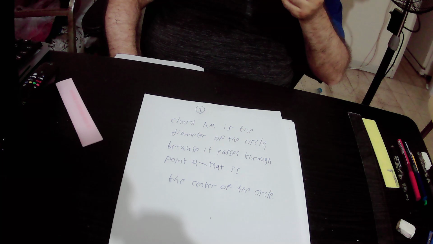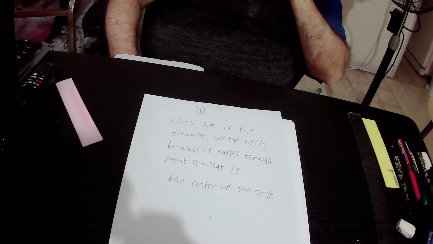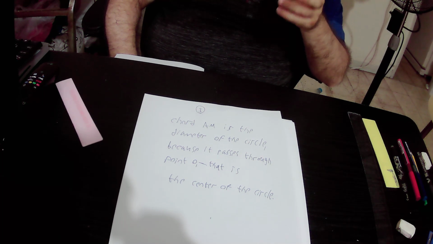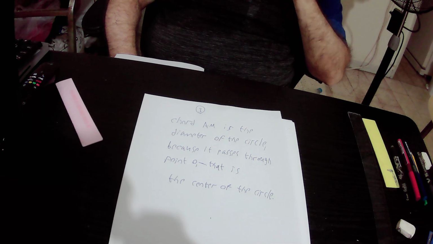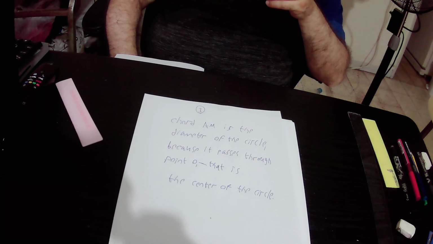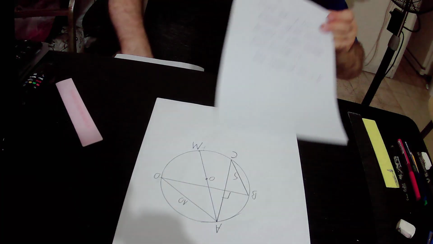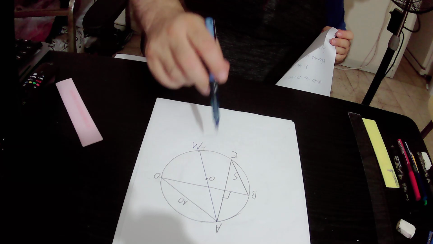Any chord or string that passes through the center of the circle is defined as the diameter of that circle, and chord AM passes through point O, that is the center.